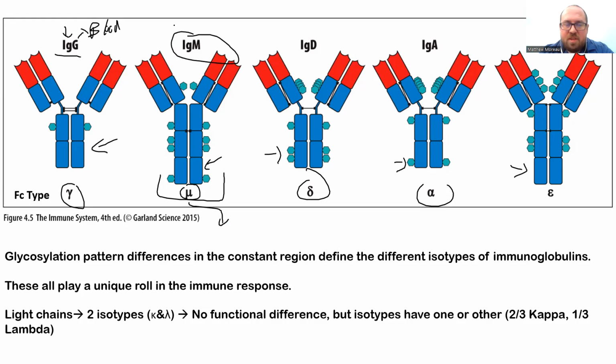IgM, which is the strongest stimulator of classical complement, and typically IgG acts alone. IgM is made in a pentamer, so that means that 5 of these will actually stick together and form kind of like what looks like a snowflake.